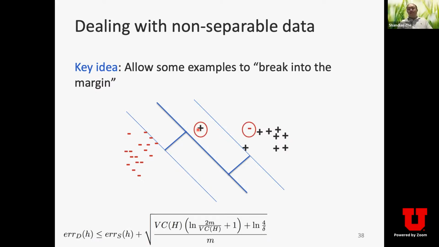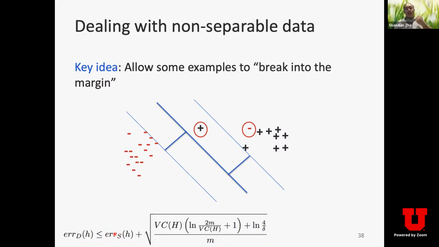Why is this reasonable? If you look at the generalization error bound, if you can exclude a small number of examples as outliers, we can allow those examples to break into our margin. That means we might suffer a slightly larger training error.